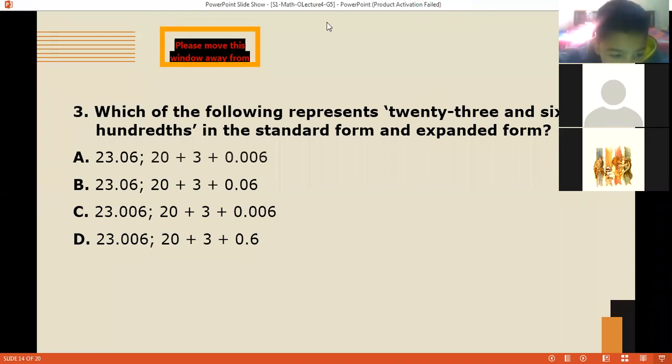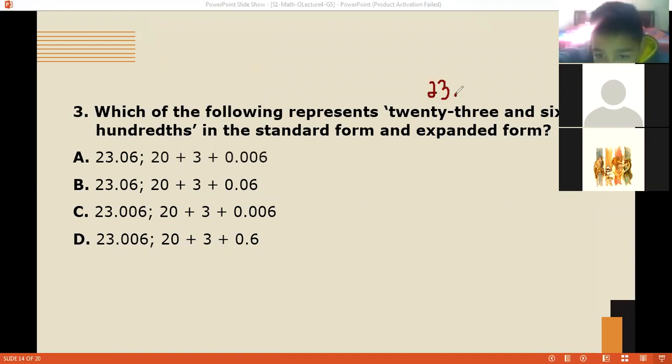I have the word form 23 and 600s. Okay, let us first write this number in standard form. Yalla, 23 and 600s. 23 point 6 6. Is this how we learned to do it, Hussein? If I have 600, how many digits do I have? How many dashes do I need to put? If I have 100, how many dashes do I need to put? How many digits do I need to put, Rena?